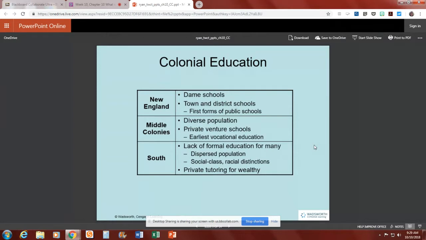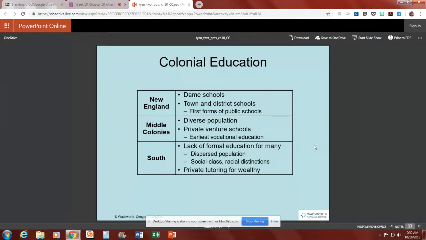When you think about town schools and district schools, New England really set the precedent that if parents could not or would not educate their children, then the government was really obligated to take on that job. Also, in New England, you need to think about a large population of Puritans.